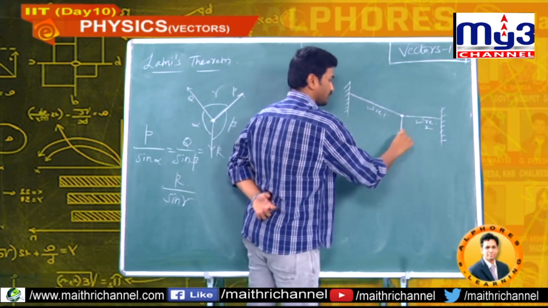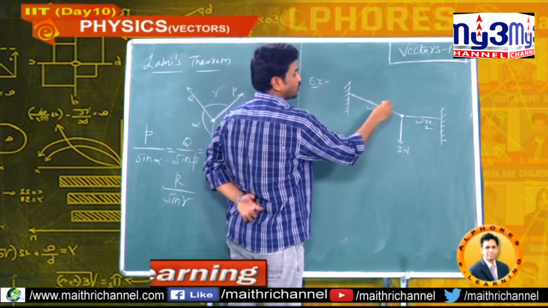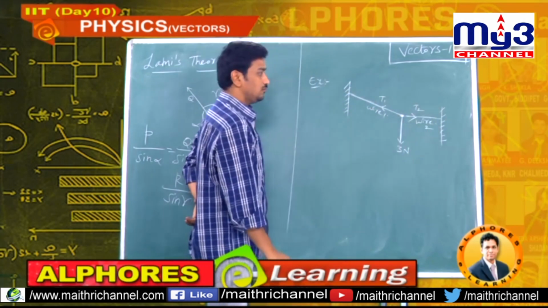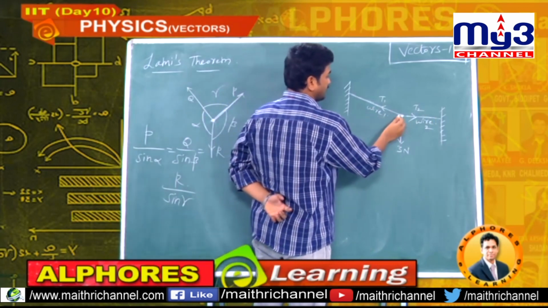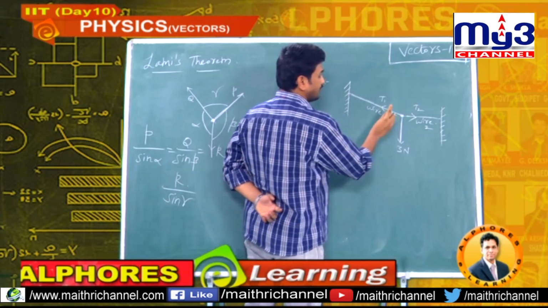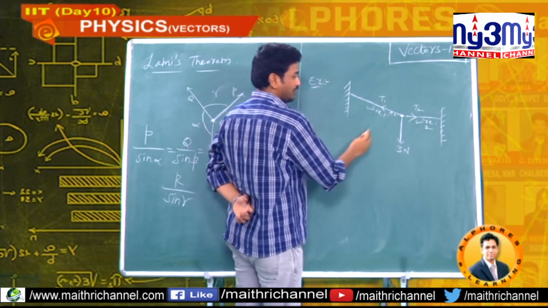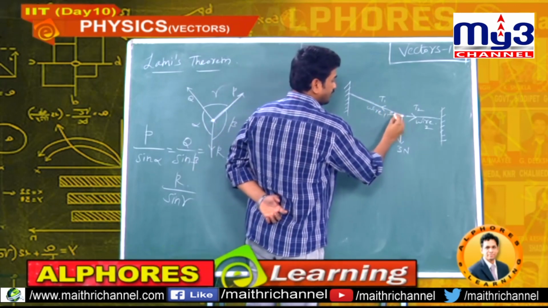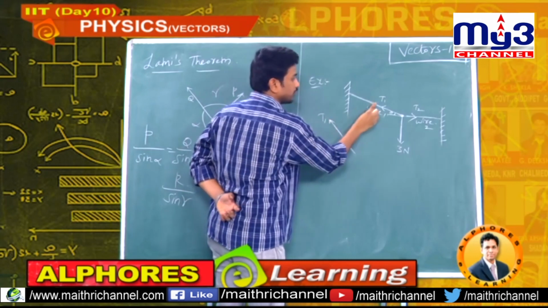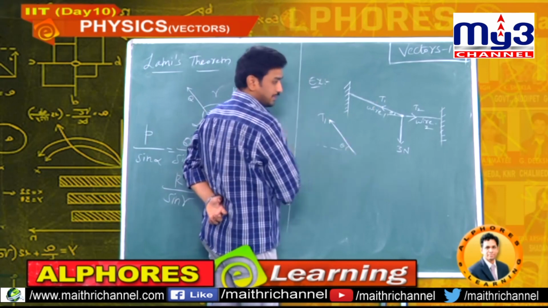This is a force, something like 3 newtons. Force in the first wire is T1, force in the second wire is T2. Now suppose this angle is theta; theta may be 30, 60, 45, any angle. This is T1, and with respect to the horizontal line, the angle is theta.